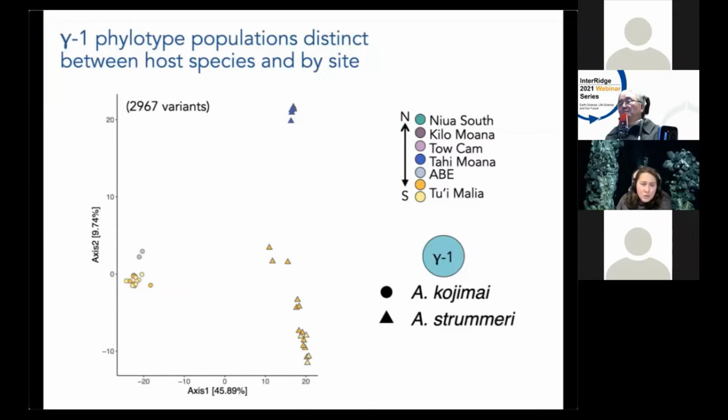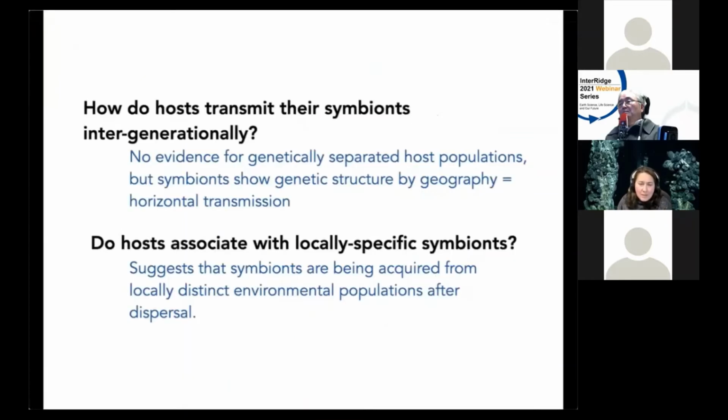Okay. So, so far, when we think about these original questions that I had posed at the beginning: how do these hosts transmit their symbionts? We don't have evidence for genetically separated host populations, but the symbionts show genetic structure by geography, and this, along with the lack of co-diversification in the phylogenetic trees, confirms the hypothesis that they have a horizontal transmission system in these snails.